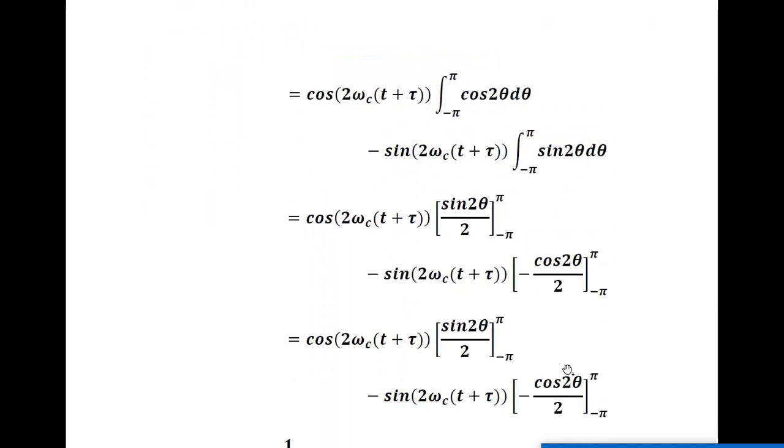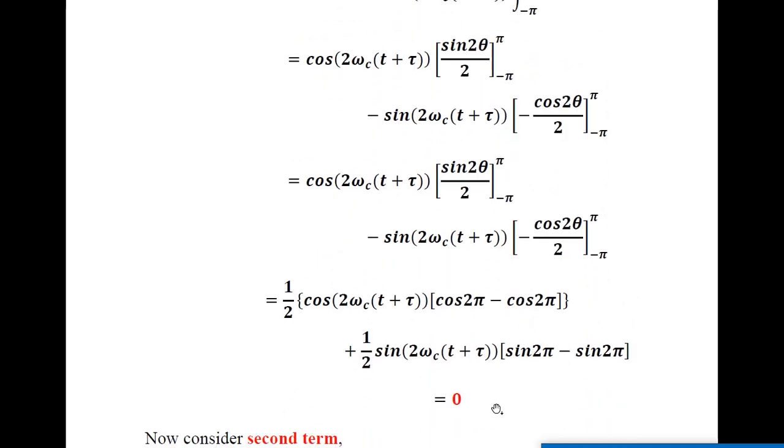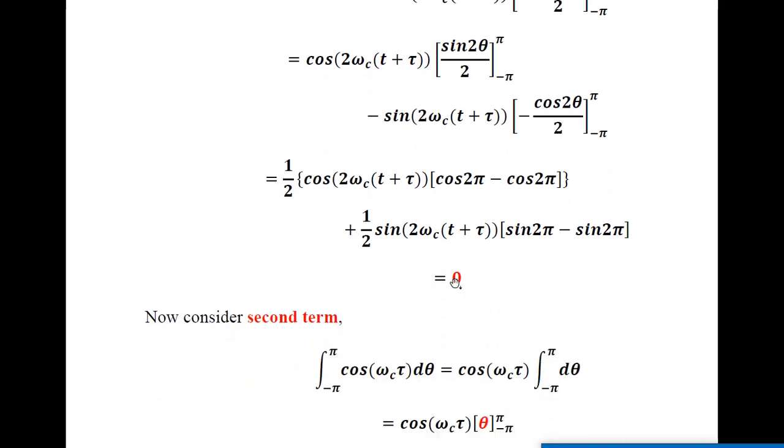Once you do the manipulations and substitution after the integration, you will get, for cos 2 theta integration, sin 2 theta by 2. Upon application of the minus pi and plus pi limits, for the second one, sin 2 theta, its integration will be minus cos 2 theta divided by 2. Again apply the limits. Upon completion and simplification, we obtain the final value equal to 0. So this is for the first term.